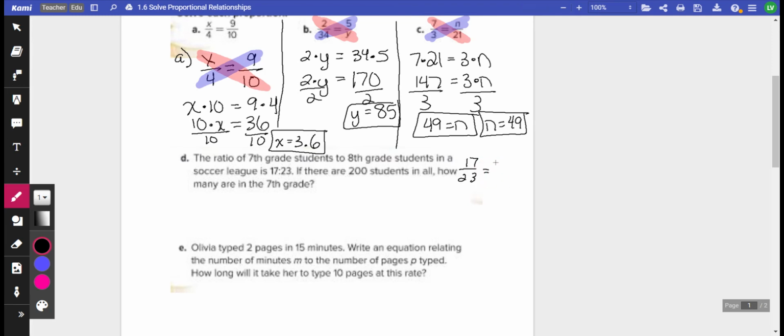That's saying that 17 is 7th graders and 23 is 8th graders. But I want to know the total in relation to this 200. So I'm actually going to do 17 plus 23, which gives me 40. So there are 40 total students in a soccer league.